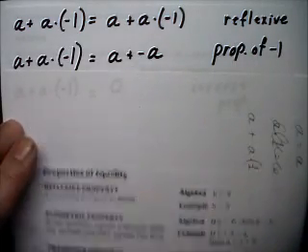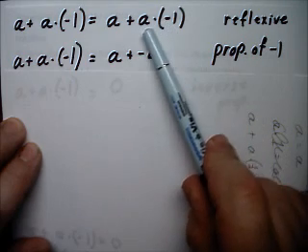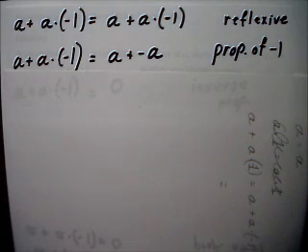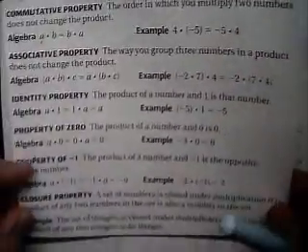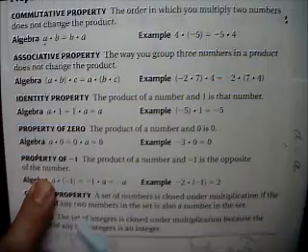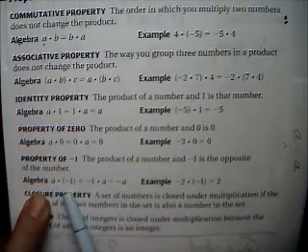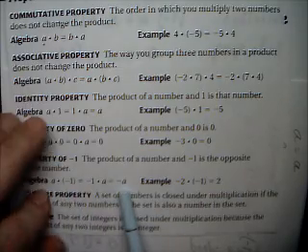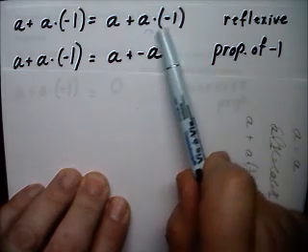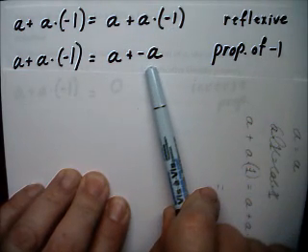Then I said that this, a times a negative 1, is equal to negative a. See, that's the property of negative 1. A times negative 1 is equal to negative a. So here, this a times a negative 1 is equal to negative a.